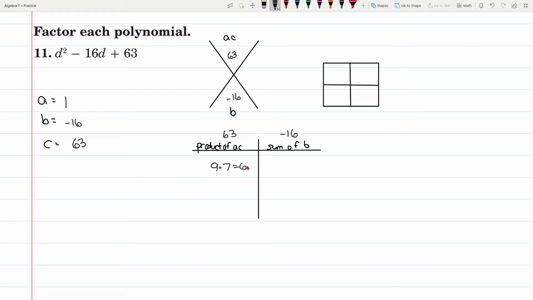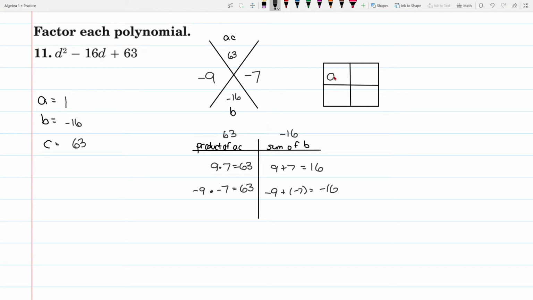That's a positive 63, but when I add 9 plus 7, that gets me to a positive 16. A positive times a positive is a positive, but so is a negative times a negative. Negative 9 times negative 7 is a positive 63, and negative 9 plus negative 7 is a negative 16. So there they are, negative 9 and negative 7.